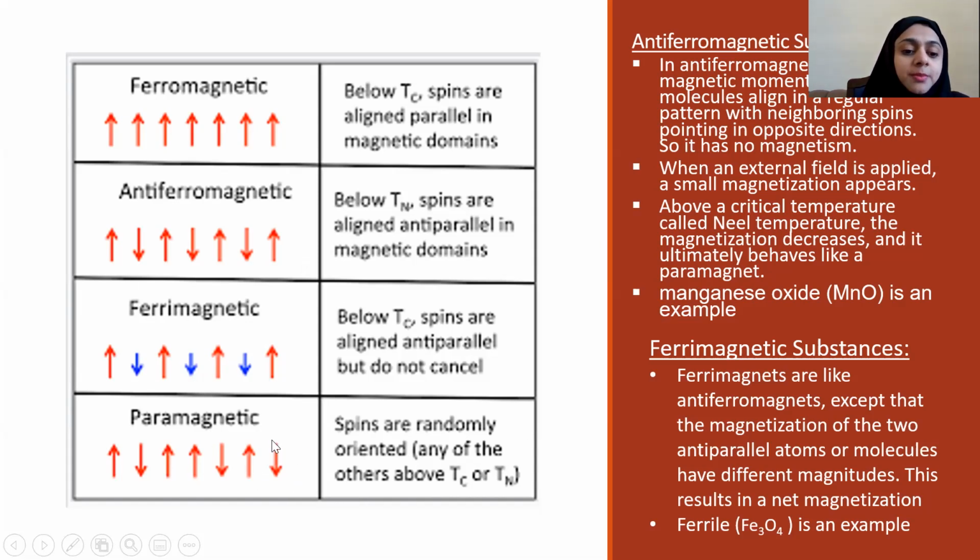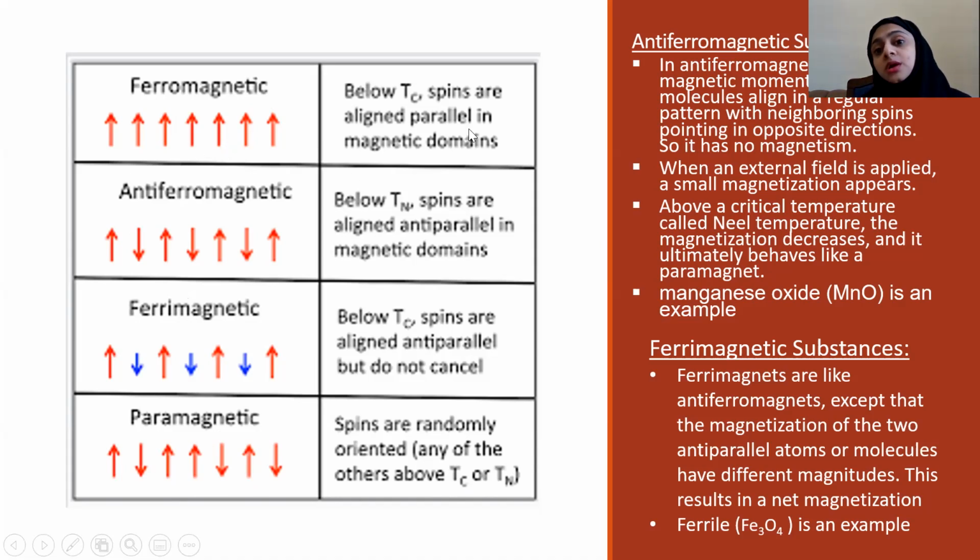So above critical temperatures like Curie temperature or Néel temperature, they will be completely randomly aligned, and the paramagnetic substance will not show any magnetic property at all. So this is just a comparison. This figure will give you a comparison of the antiferromagnetic, ferrimagnetic, and ferromagnetic substances.